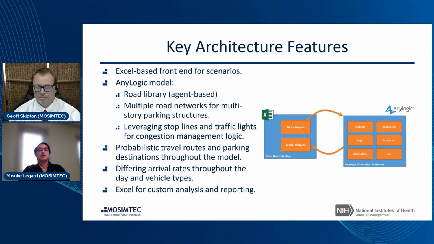Included in the model are probabilistic travel routes, parking destinations, parking times, and other scenario levers, which are all inputs again from our Excel front end. And finally, after model replications are complete, those outputs are exported back into Excel, which already holds our custom analysis reports.